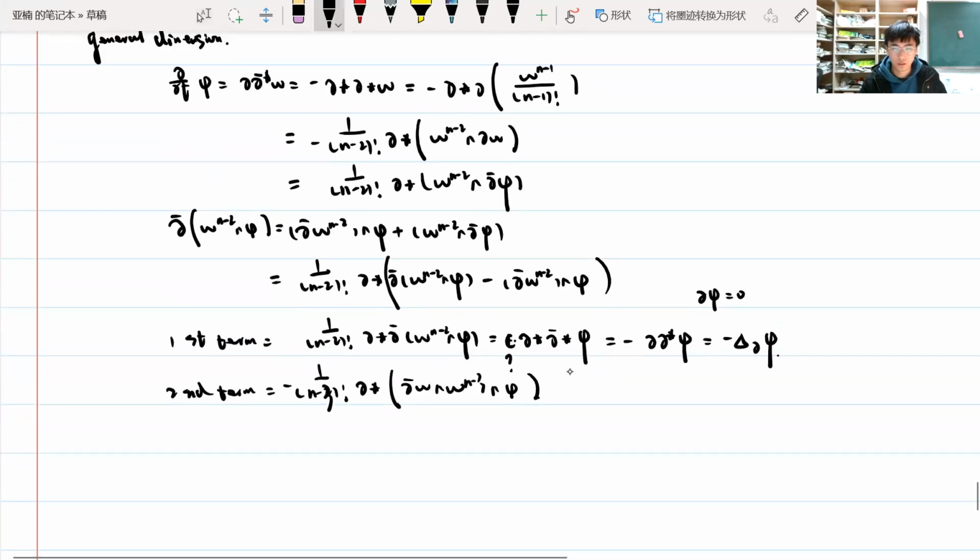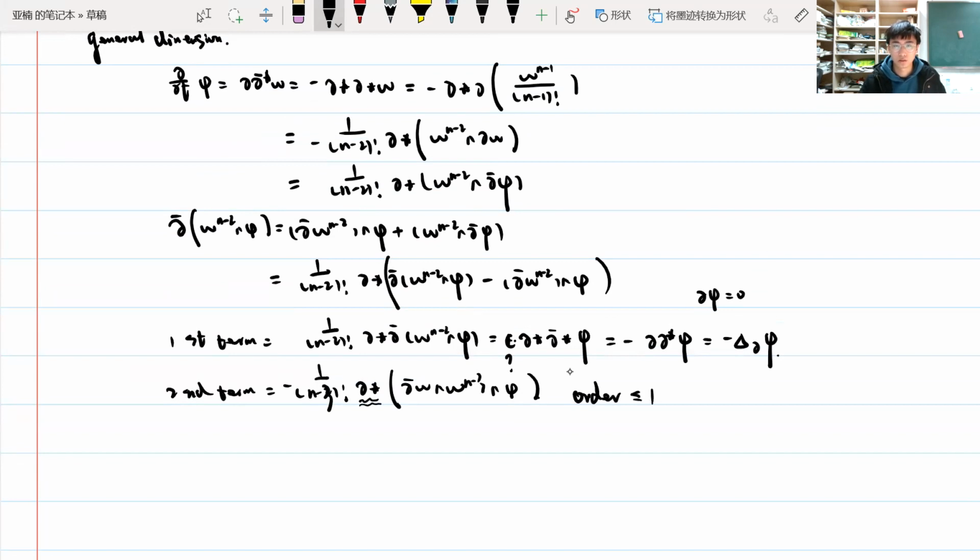If we regard this equation as the equation of phi, it is order less than 1, because we take the operator once.